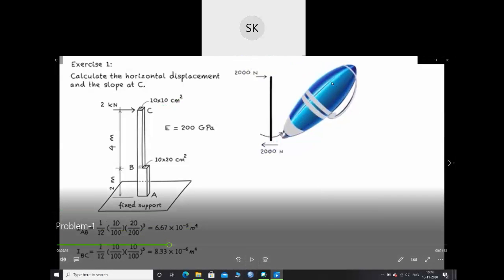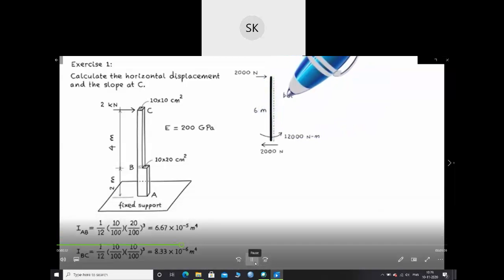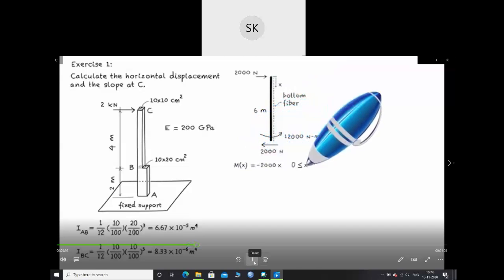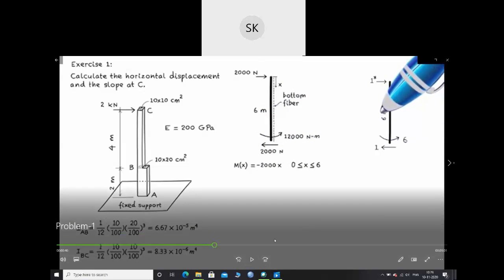Now they have drawn the free body diagram. What they did, they have taken a section, a complete section of 6 meter length, and applied the actual load in this equation, and they have found out the moment equation for 0 to 6.